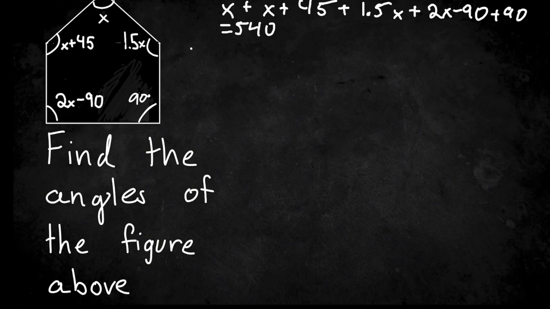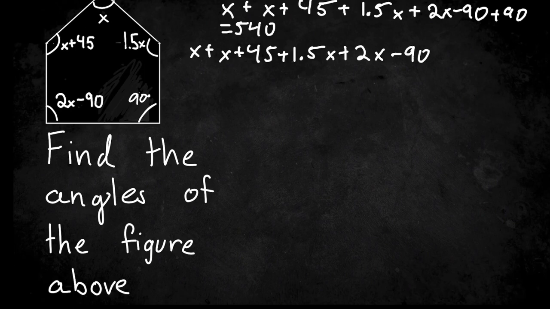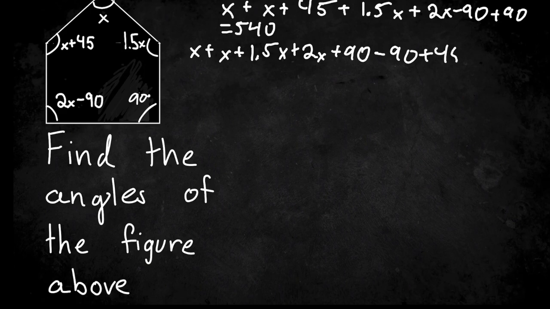So we have x plus 1.5x plus 2x, plus 90 minus 90, plus 45 equals 540.